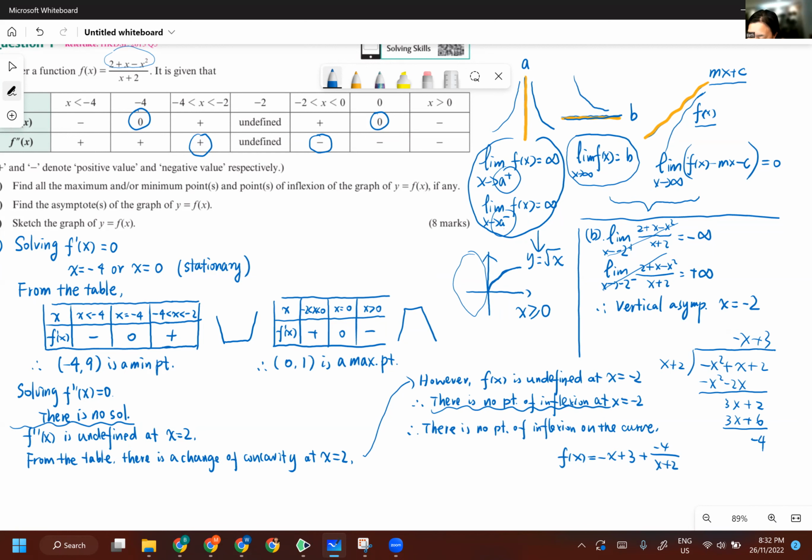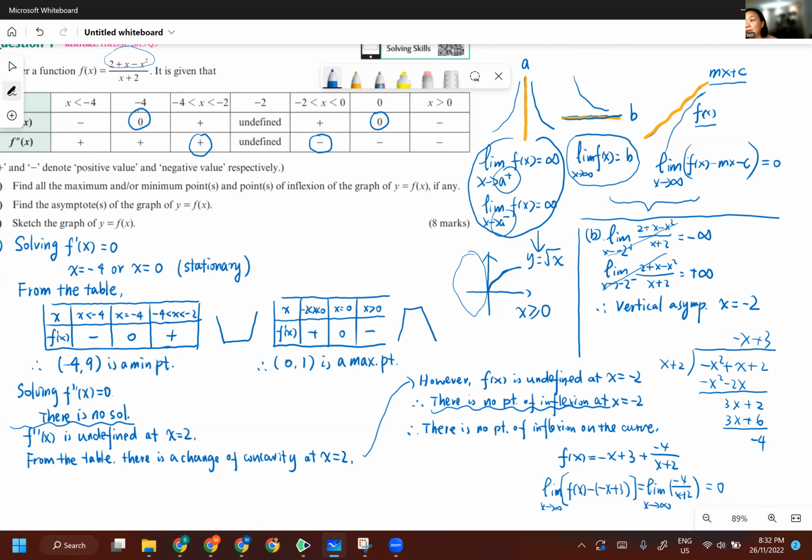And if I take the limit of f of x minus (negative x plus 3), the limit is going to be 0 at infinity.